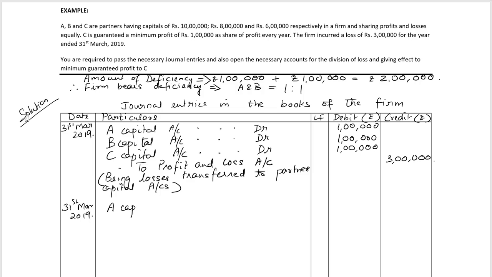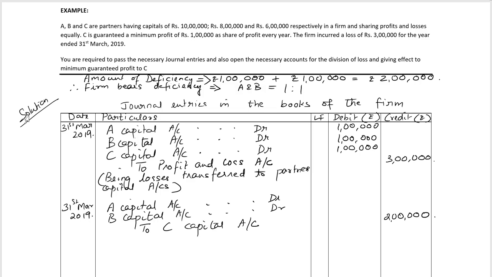So it's A capital account debit, B capital account debit, to C capital account. Rupees 2 lakh given to C to be borne by A and B in 1:1 ratio.